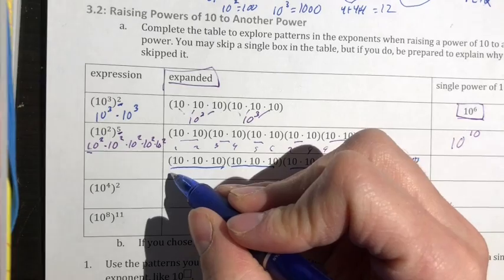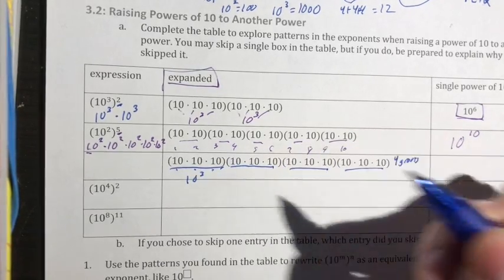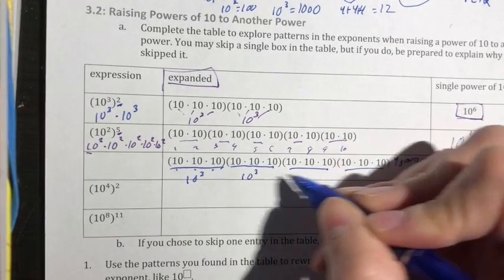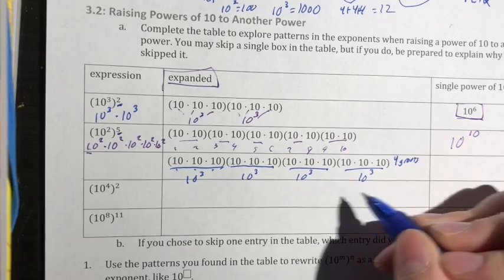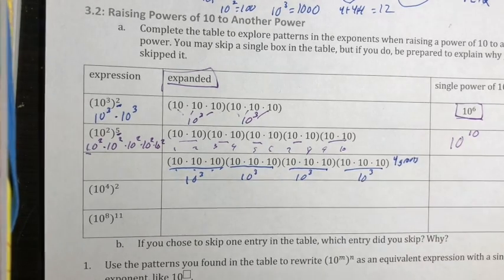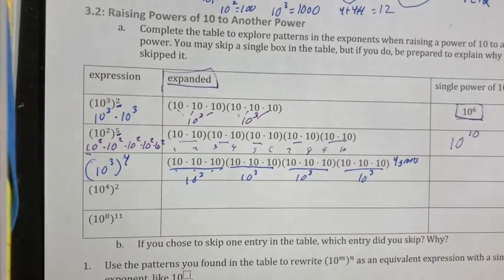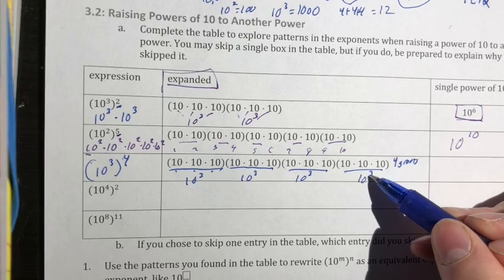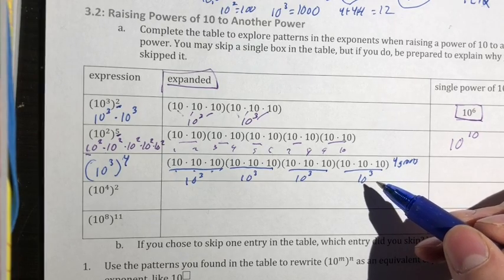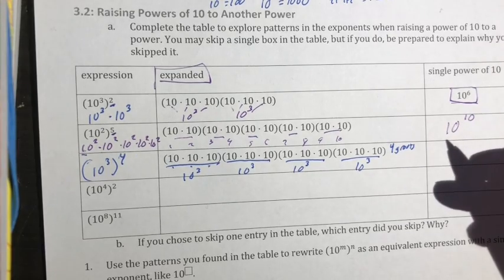And what's each group? Each group is 10 times 10 times 10. That's 10 cubed. So how many 10 cubed do I have? I have 1, 2, 3, 4 10 cubed. So I really have 10 cubed to the 4th power, because I have 4 groups of 3. And this wording we're using kind of sounds like multiplication.